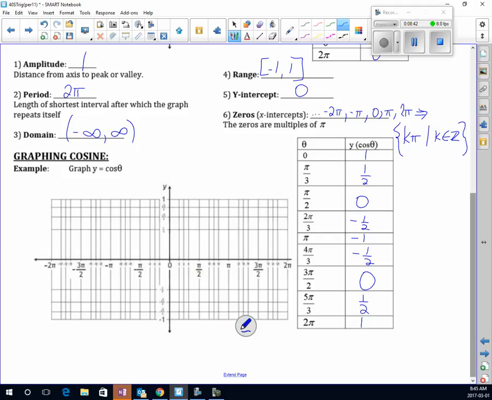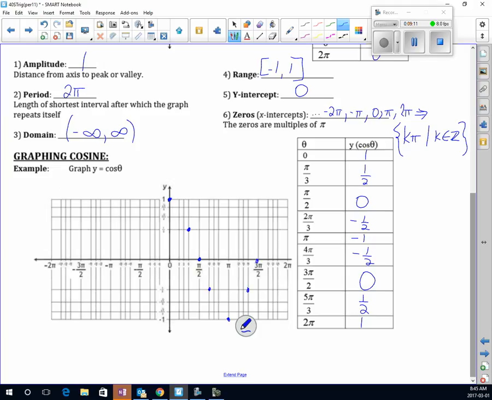So if we plot those, we have 0, 1. We have pi over 3. Remember, these ticks are pi over 6, pi over 4, pi over 3. So that's 1/2 this time. Pi over 2 is 0. 2 pi over 3 would be -1/2. And then pi would be -1. Then 4 pi over 3 would be -1/2 again.